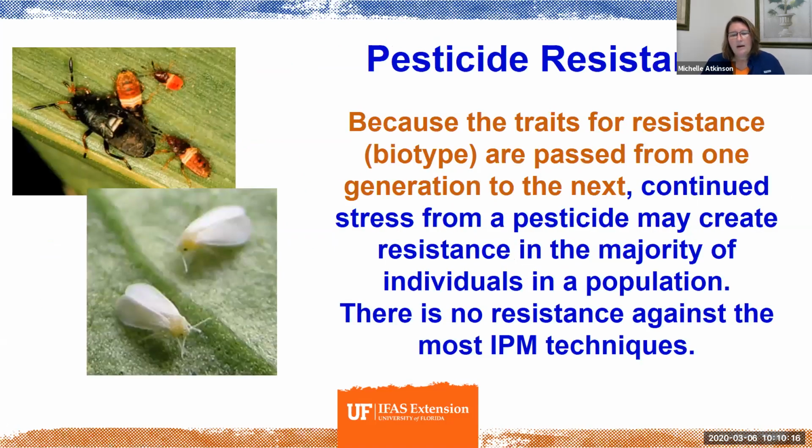So what's really going on when we have pest resistance? It's really because someone in the population, or a couple of someones in the population, has a resistance to the mode of action that you're using. And so when they resist that, then they stay alive and they can reproduce. And then they reproduce this whole population of insects or pests that are resistant to that mode of action.